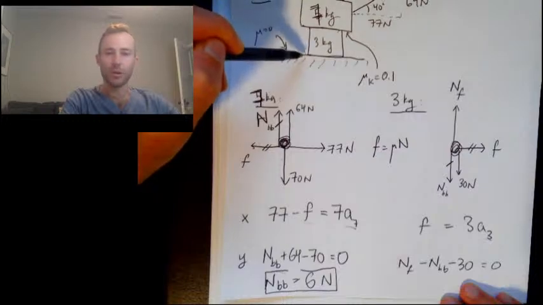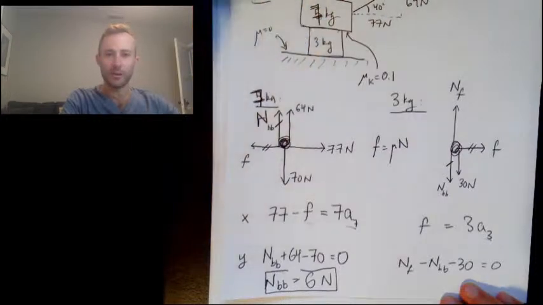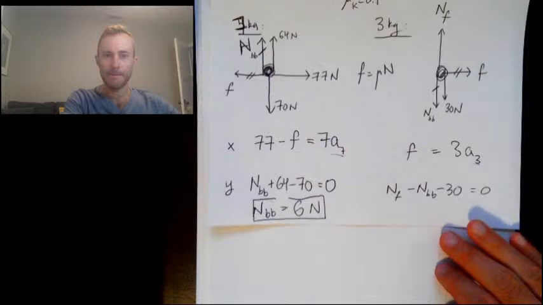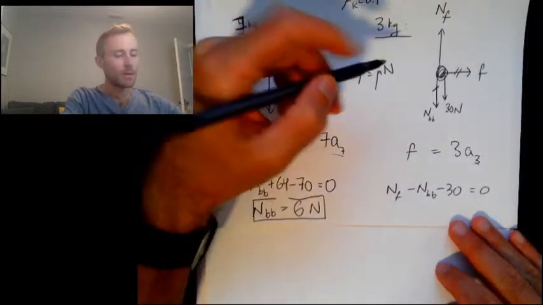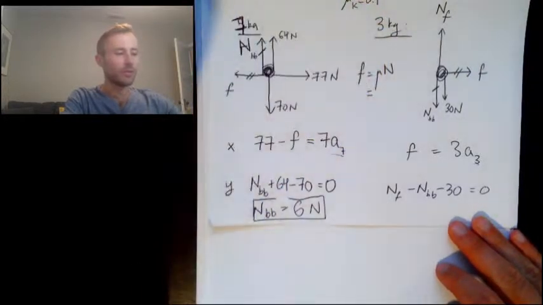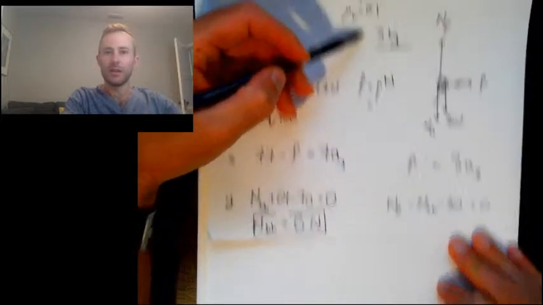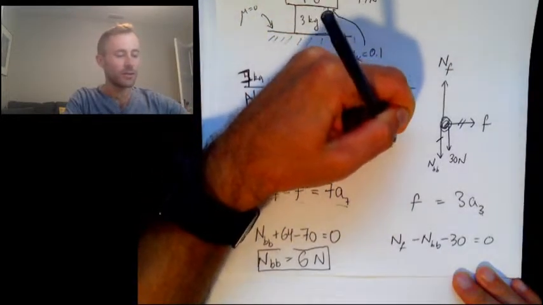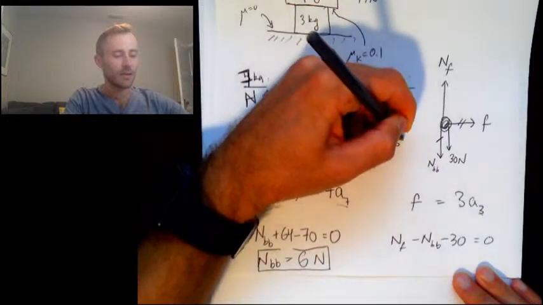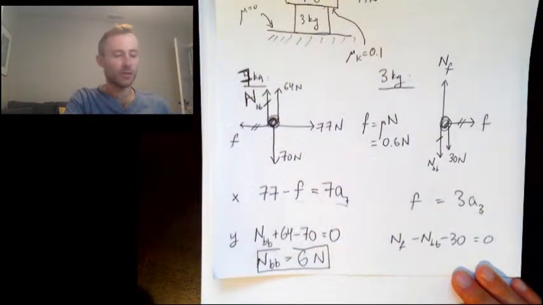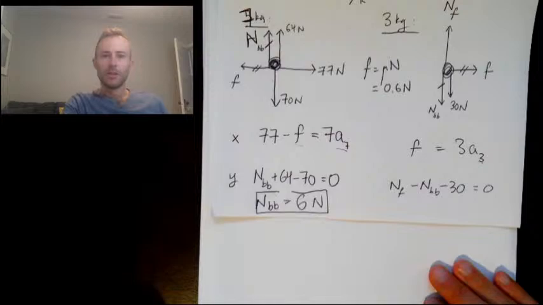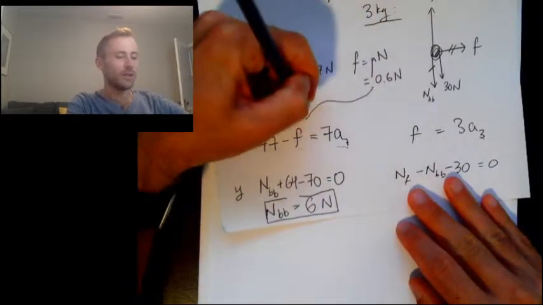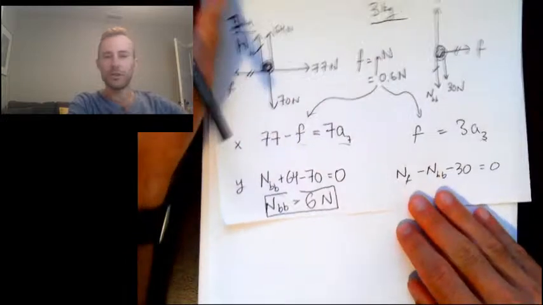We're going to use the normal force between the blocks because that's where the friction is. So the friction force is going to be 0.1 times 6. So it's 0.6 newtons of friction.